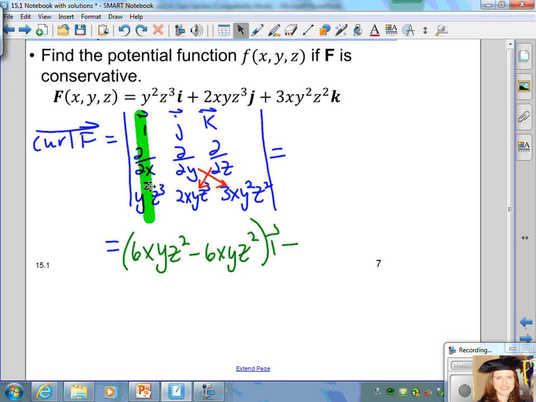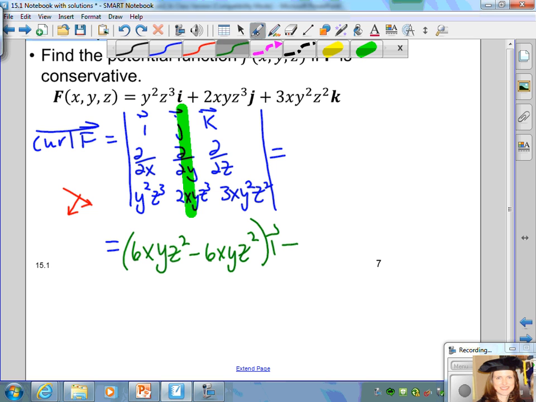Let's move that over. Now we're going to cover up that middle column there and find the partial derivatives going in this direction here. We're going to find the partial going in this direction and the partial going in this direction, and we're going to subtract.